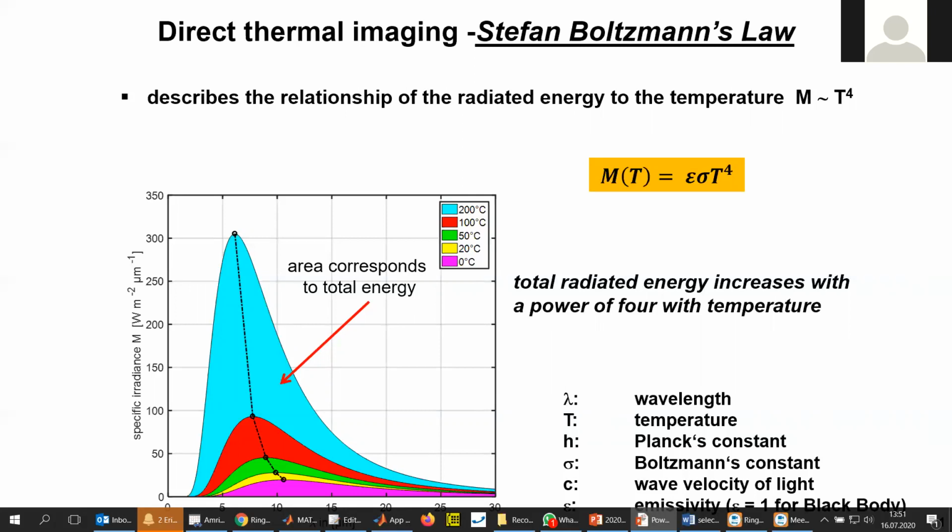In order to obtain the emitted energy of a real object, we need to relate these idealized values to real values. And that's done by using a scaling factor, which is called the emissivity, which you see in this formula here. So the emissivity of a black body is 1, and it decreases for real objects.